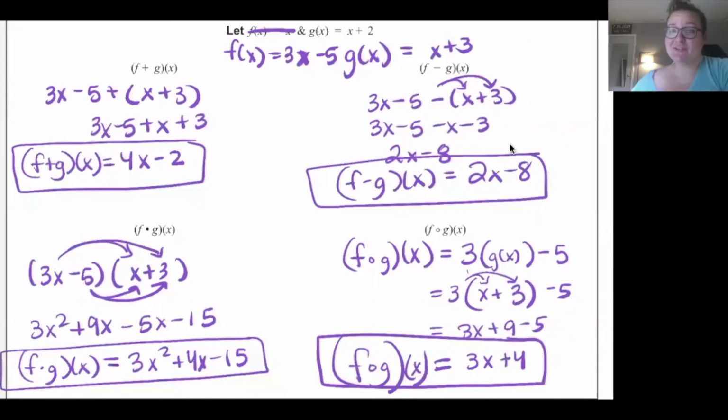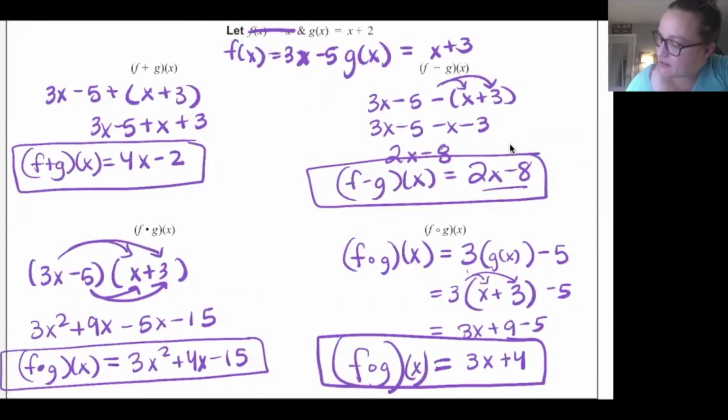So let's double check your answers. So for example 2, for f plus g of x, you should have 4x minus 2. F minus g of x equals 2x minus 8. After multiplying them by each other, simplifying, I got f times g of x is equal to 3x squared plus 4x minus 15. And then when I plugged in g of x into f of x, I got 3x plus 4.